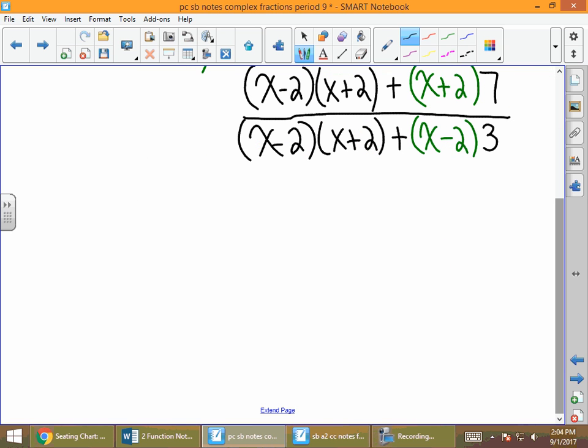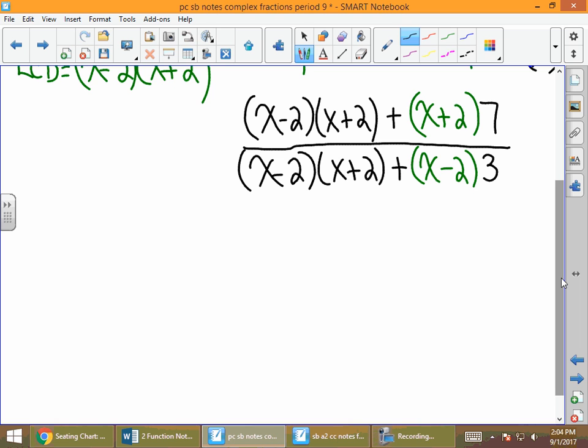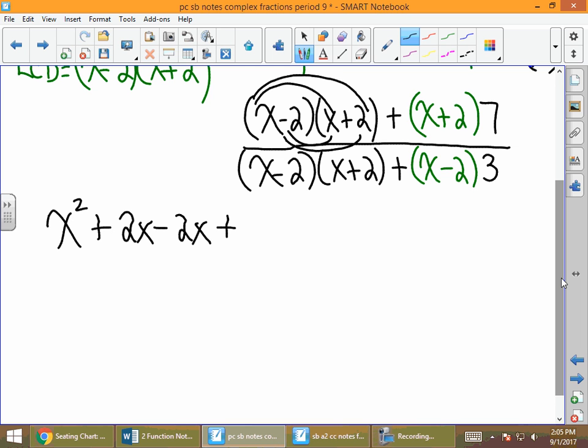And what we do need to do is we need to take this fraction now that's taking up most of the board, and we're going to FOIL. Here, and here, and here, and here. So we get x squared plus 2x minus 2x minus 4. First, outer, inner, last. It's distributive property.